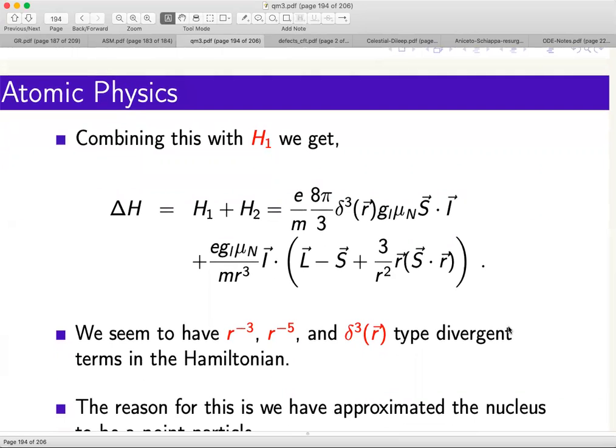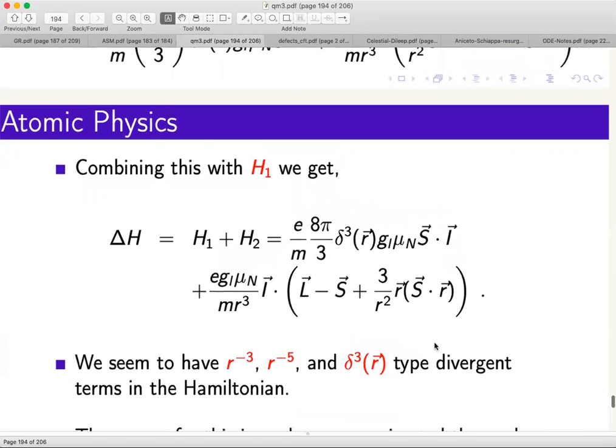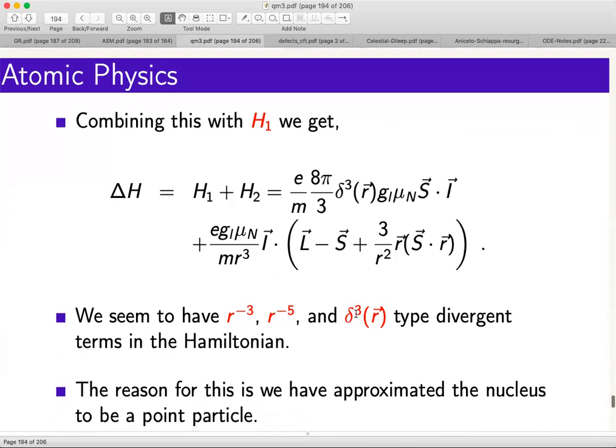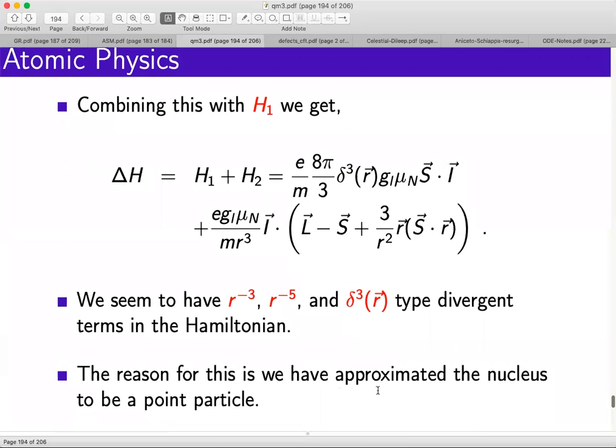The reason we get terms of this kind is that we have included the nuclear spin degree of freedom, but we have not included the finite size of the nucleus yet in our calculation. We're still considering it as a point-like object, and that is why you get a delta function or 1 over R to some arbitrary powers. That is the source of the problem.